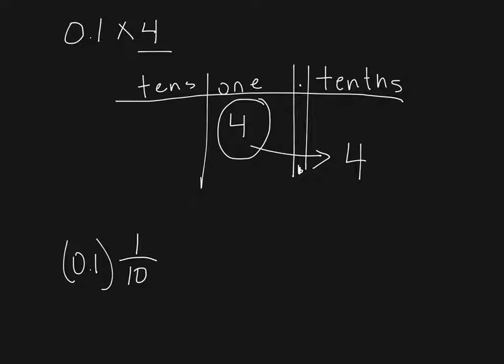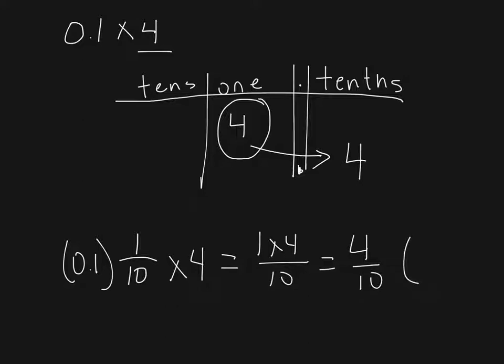Two different ways of writing the same value. 1/10 times 4 equals 1 times 4 over 10, and of course that equals 4/10. And if I wanted to write that again as a decimal, it would be 0.4.